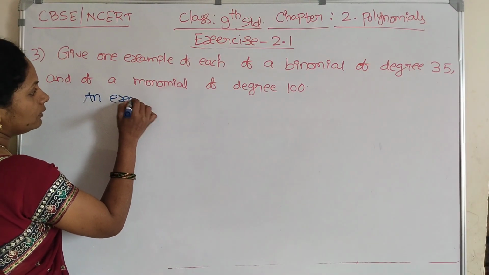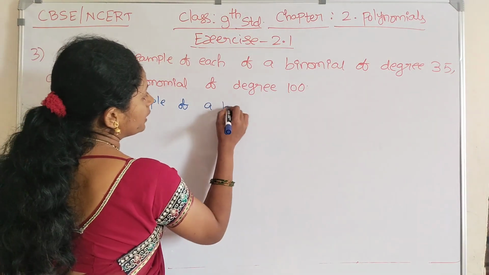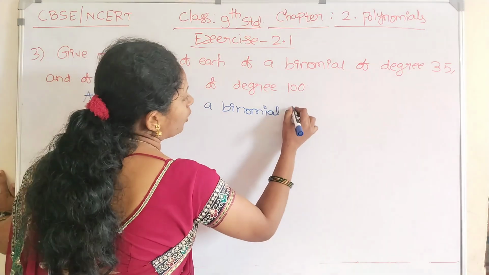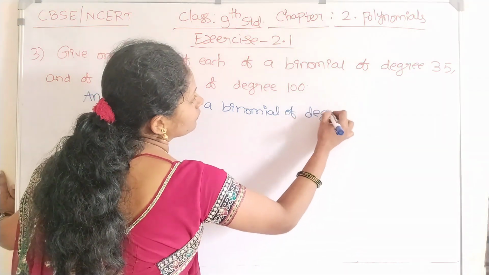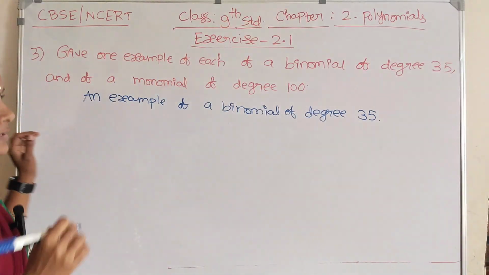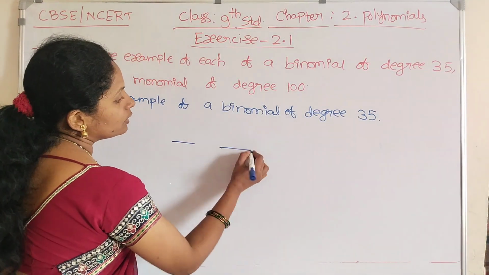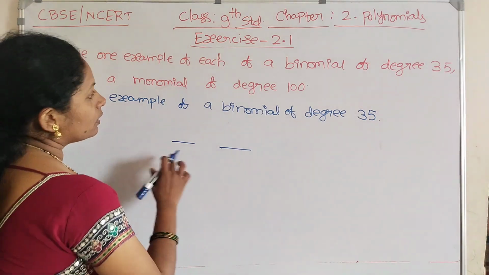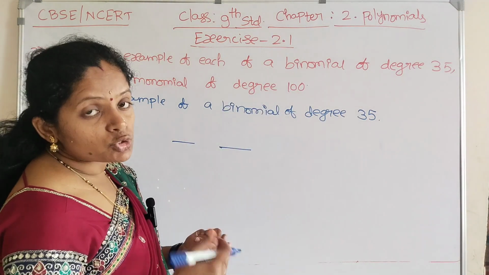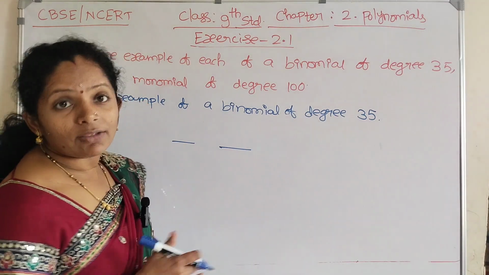An example of a binomial of degree 35. Here, as we have to write the binomial, how many terms should it have? The 2 terms. And the highest power should be 35. It should not go beyond 35.